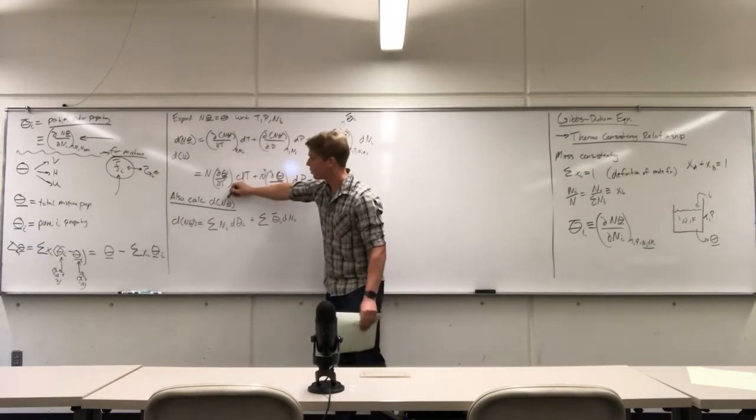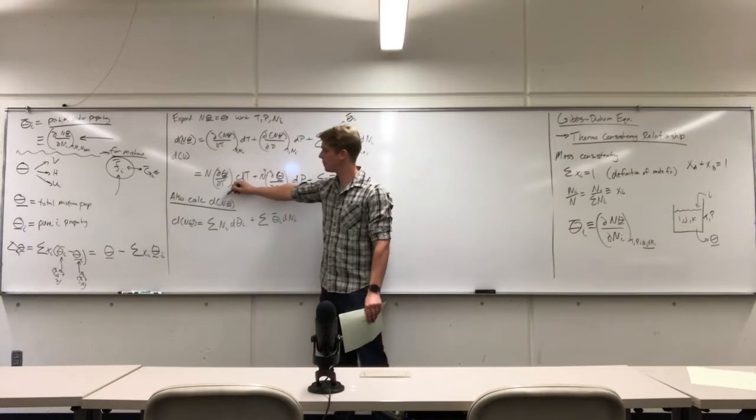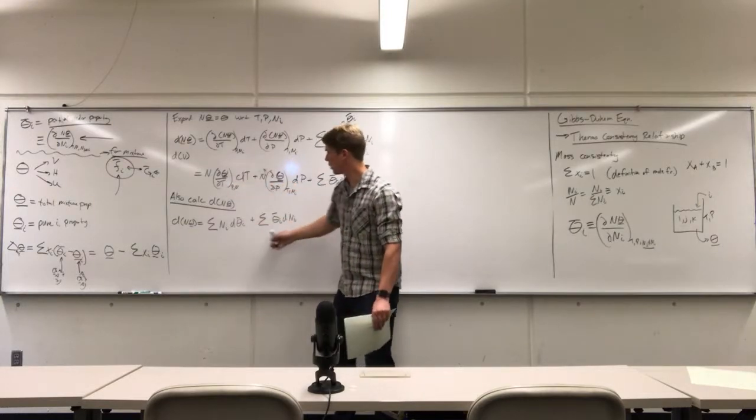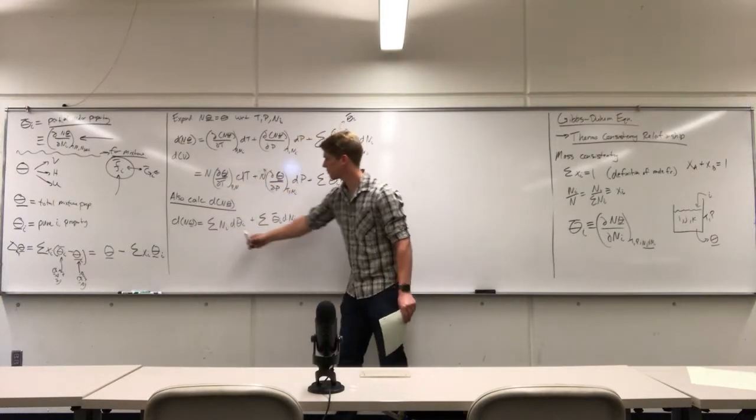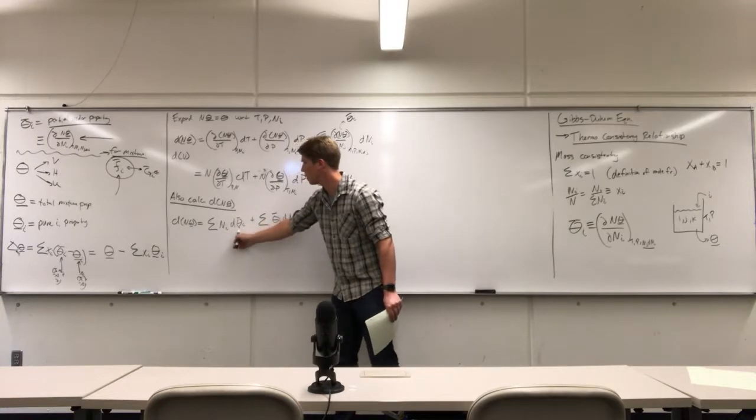Since we have an arbitrary number of n components, the product rule will be summations. So we have to take the partial molar property derivative.